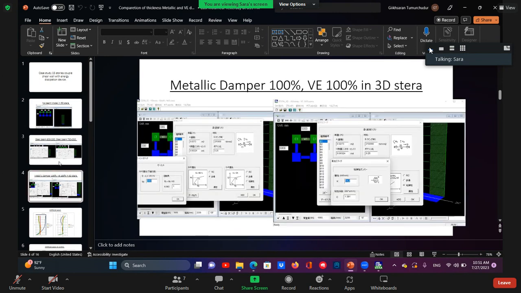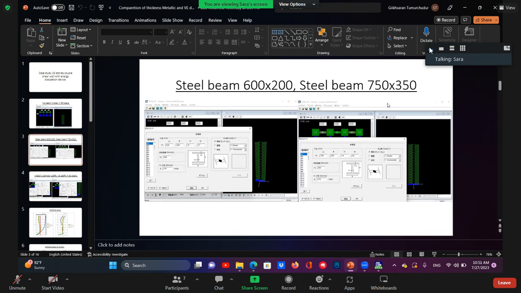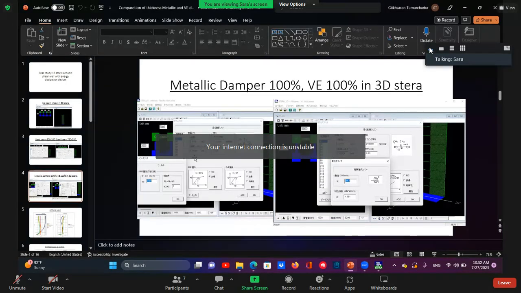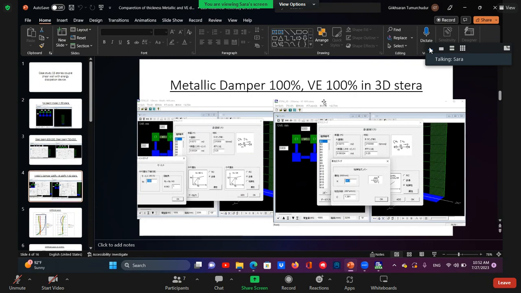And next, from this, I chose the steel beam 750 and 350. So I modeled the metallic damper 100 and the viscoelastic 100 in Stereo 3D.